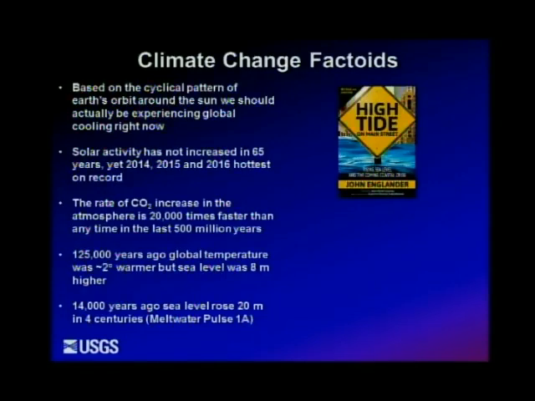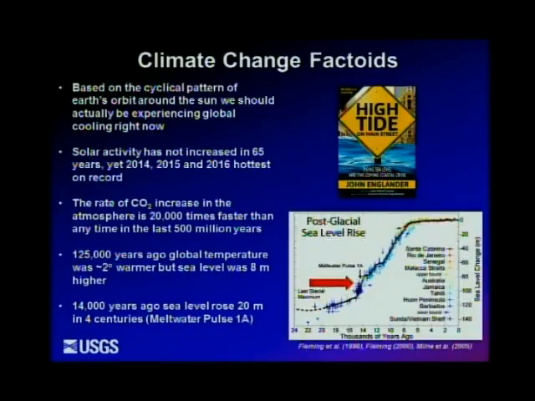And some of the more compelling issues are that the rate of carbon dioxide increase in the atmosphere is about 20,000 times faster than any time in the last 500 million years. And in terms of the coast itself, perhaps one of the most concerning observations is that during the last interglacial, about 125,000 years ago, we were just 2 degrees Celsius warmer, but sea level was 8 meters higher, or about 26 feet.